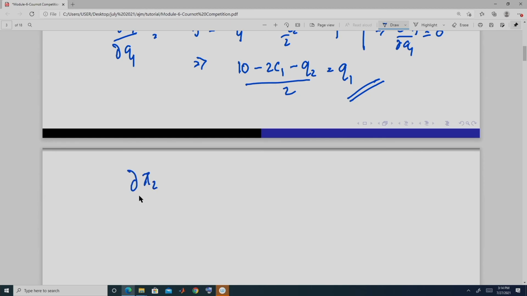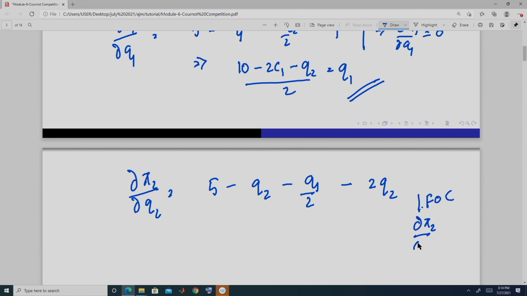And here again we get this first order condition, which implies this.